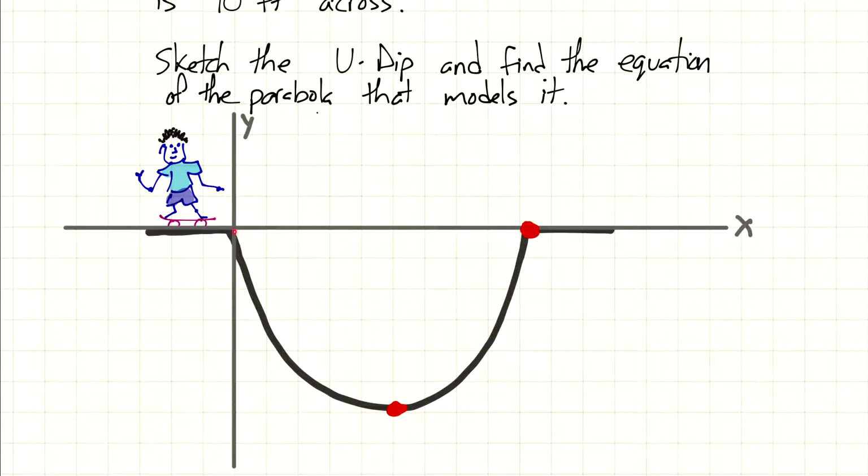We never want to use where we began. 0, 0 doesn't help us in this situation, but let's figure out where our h and k are, and let's figure out another point x and y. In this case, see if you can tell me what our vertex is.